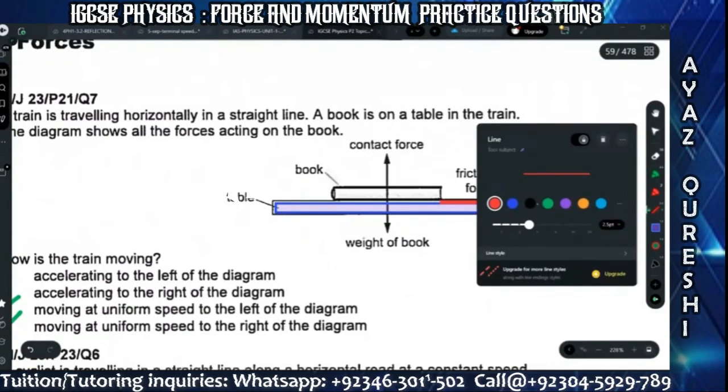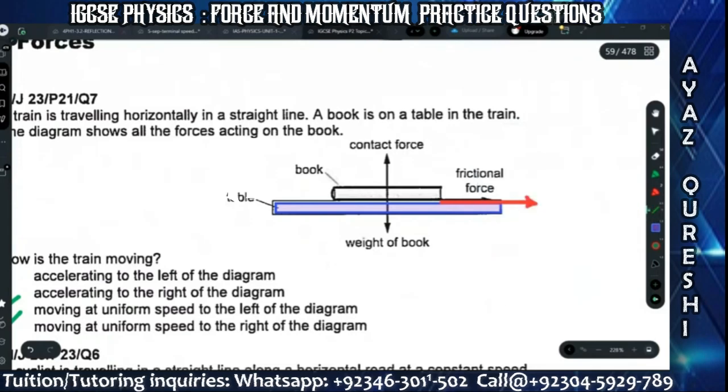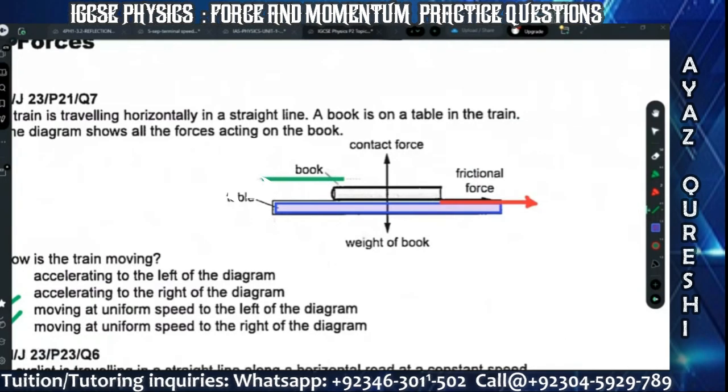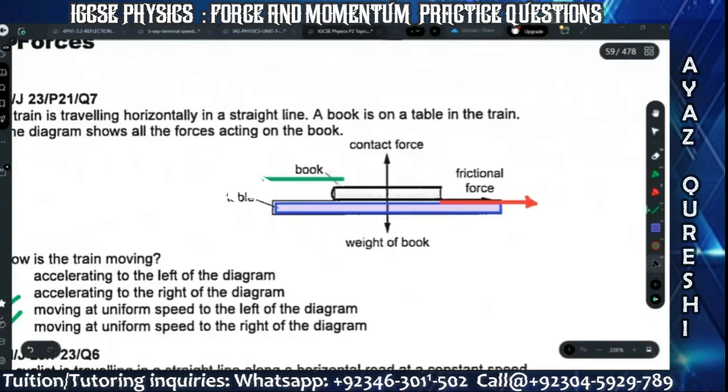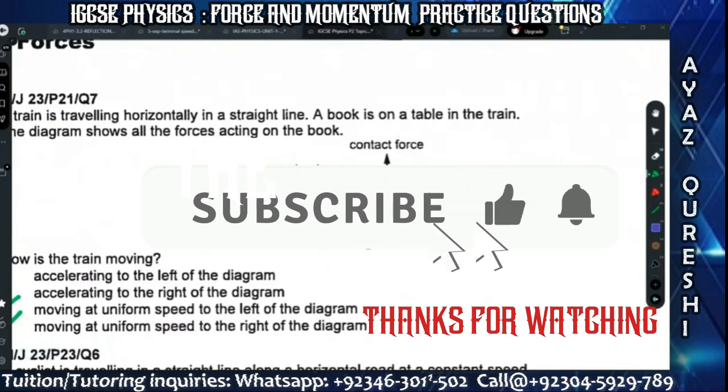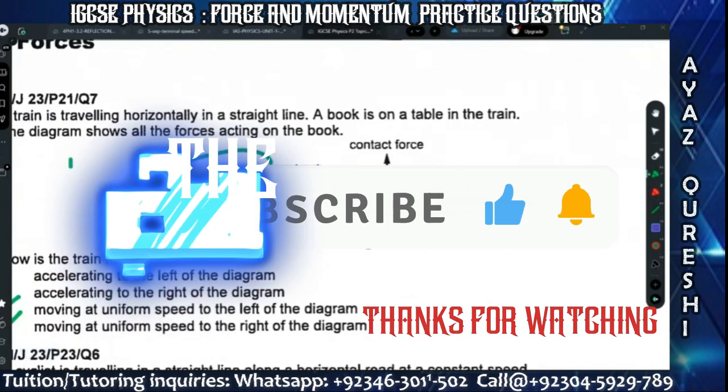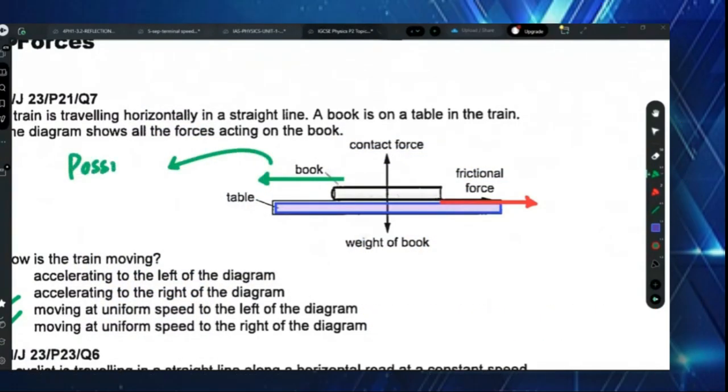The opposite direction, right? It means the book is trying to move in this direction. This is basically the possible direction of motion of the book.